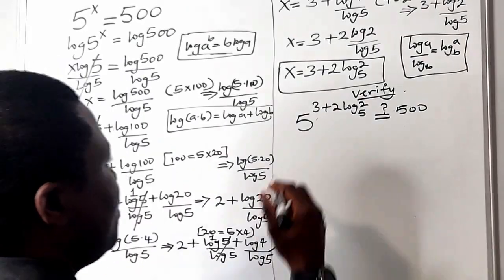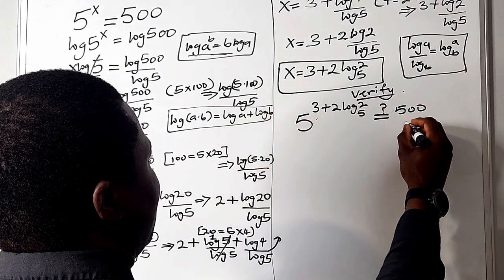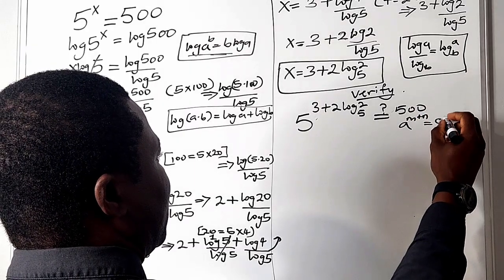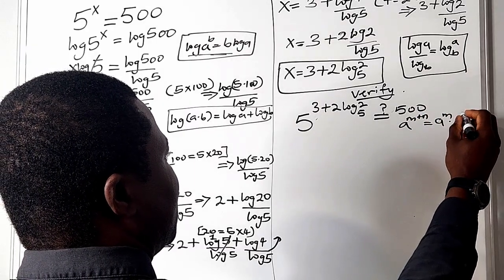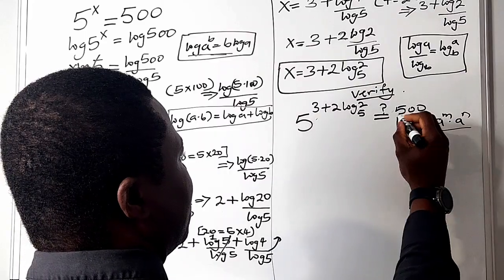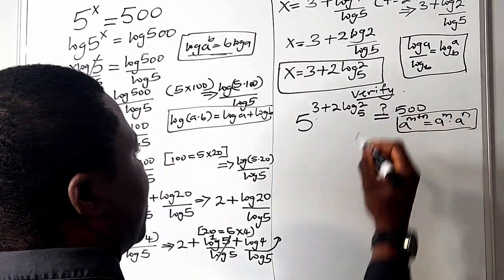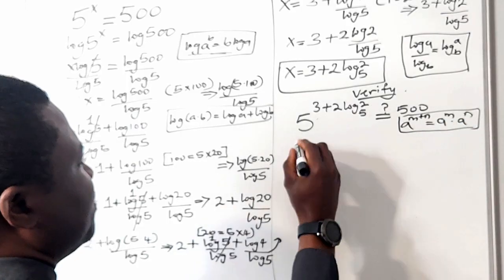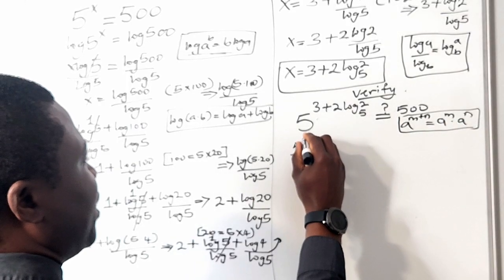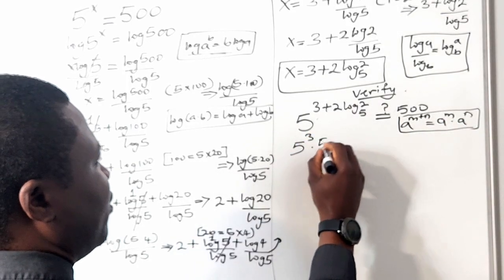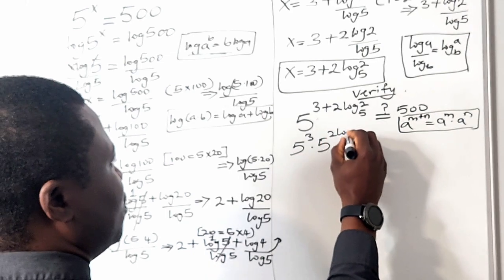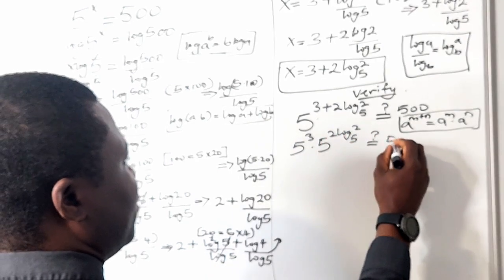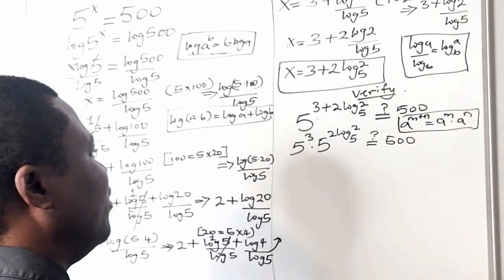Now, we know that a raised to the power m plus n is equal to a to the m times a to the n. Okay? So we'll rewrite this in this format. So this becomes 5 raised to the power 3 times 5 raised to the power 2 log 2 base 5. And we want to find out if it is equal to 500.